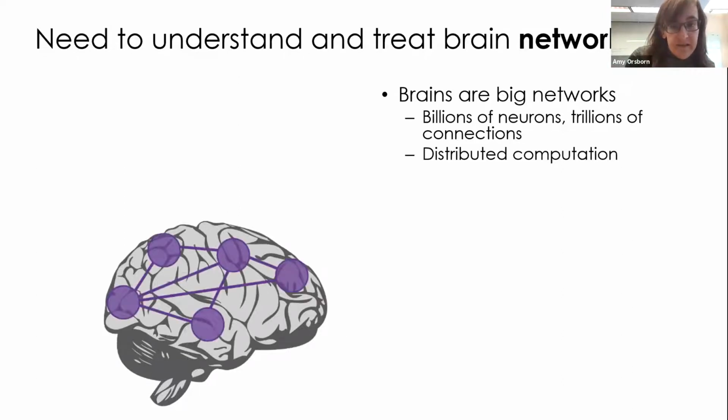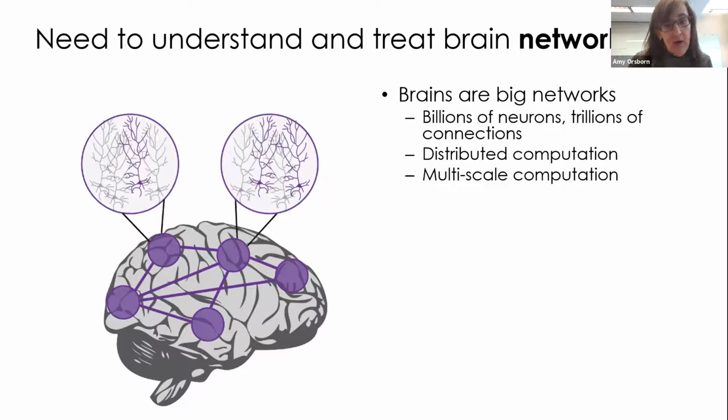And so what this means is that computations that the brain is performing are distributed across a large network within the brain. At the end of the day, the computations are happening across multiple scales. Each individual neuron within a brain area is performing a computation, but it's not performing that computation in isolation. We also have to think about how it's computing things when it interacts with other neurons across many parts of the brain.